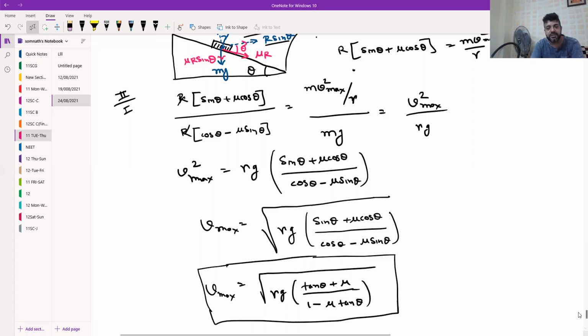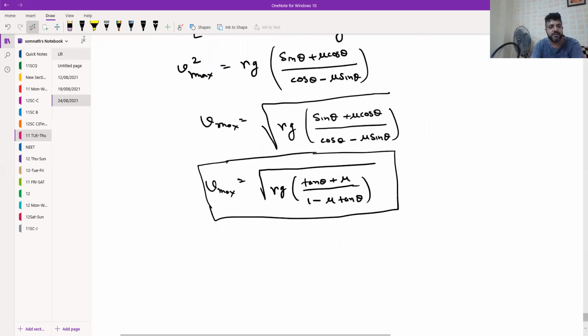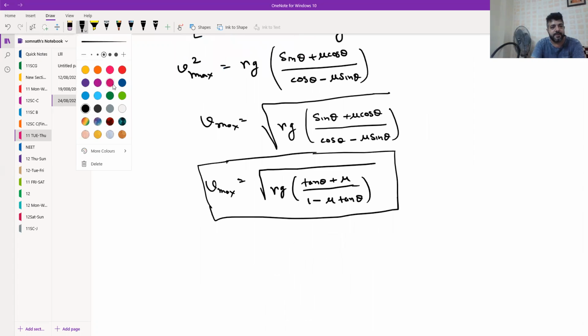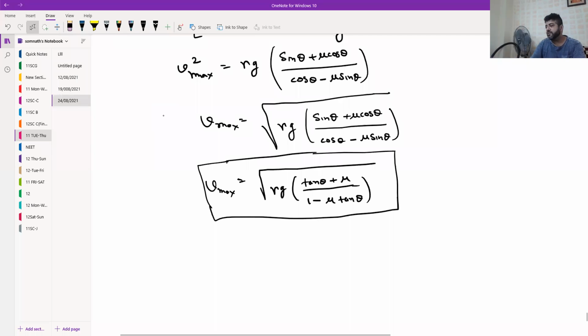Now the second condition is condition 2, slips down, or you can say minimum speed.